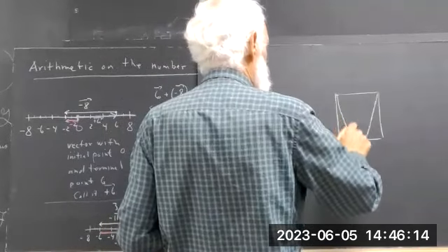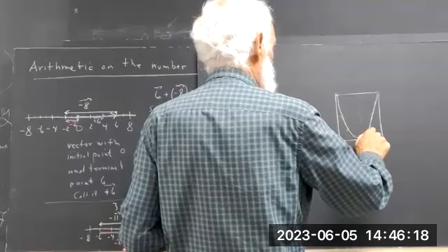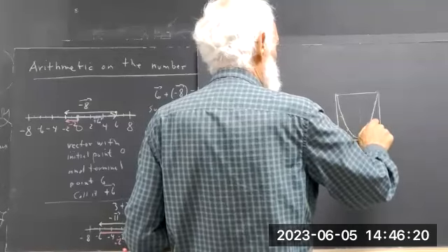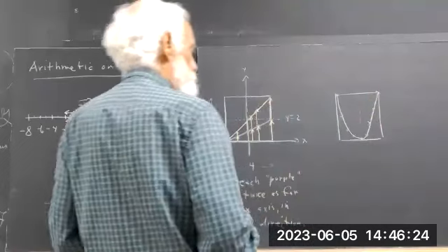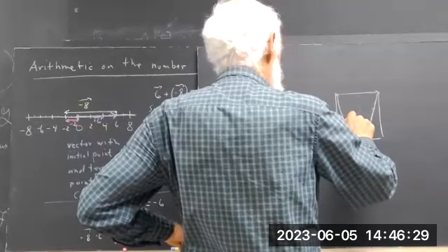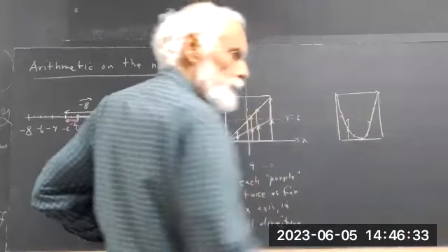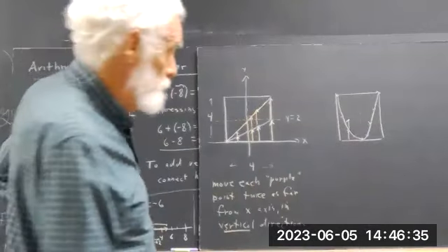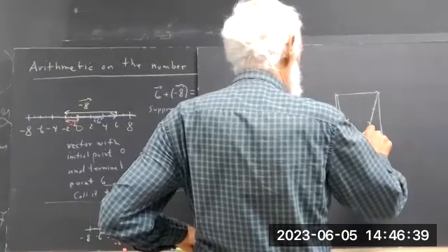I'll just take some points here, here, here, here, here, here. Well, let's draw arrows. Here's an arrow. Here's an arrow of equal length. And do this yourself.